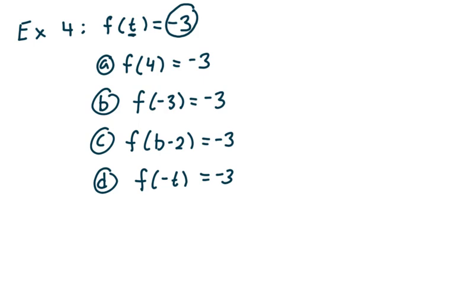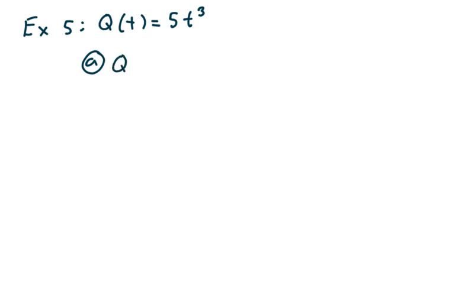And then one last example here. We'll do example 5. Okay. Suppose q of t is 5t cubed. And then on A, I want q of 2t. Replace t with open parentheses. Because again, the expression inside the parentheses is getting harder, okay?